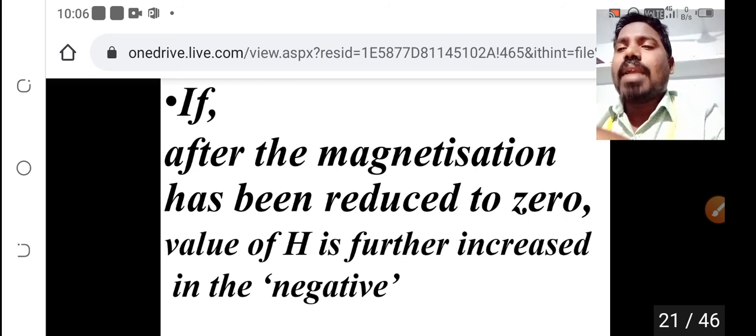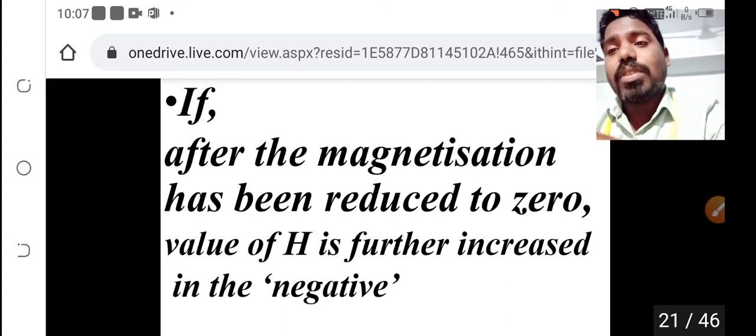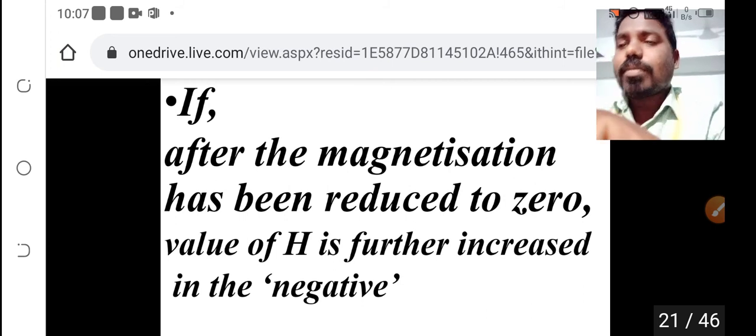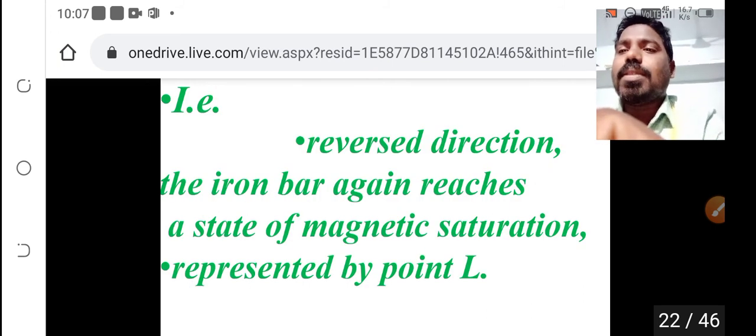If after the magnetization has been reduced to 0, the magnetizing force H is further increased not in the positive but in the negative, that means the reverse direction.